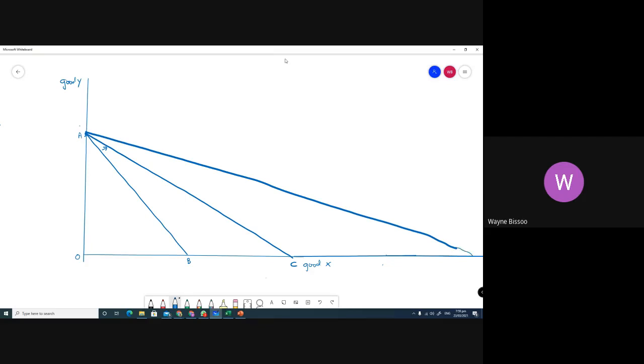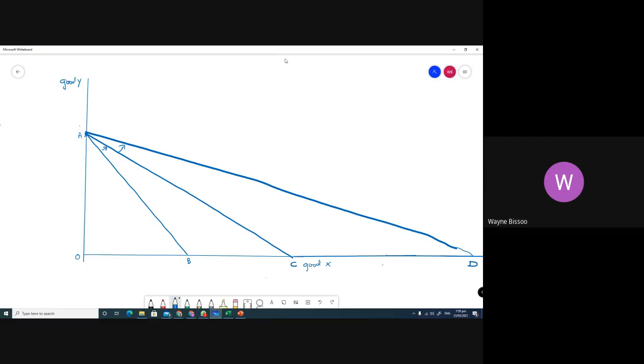So let's say we have another one here, point D. All right, so we have another pivot from AC to AD. What would have caused that is another change in the price of good X. So X got even cheaper.